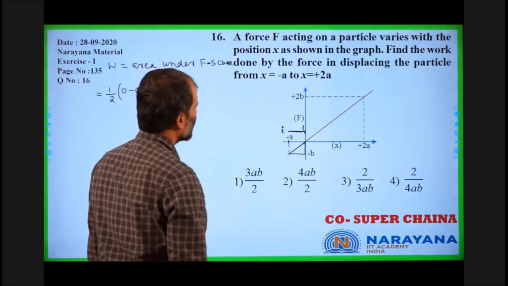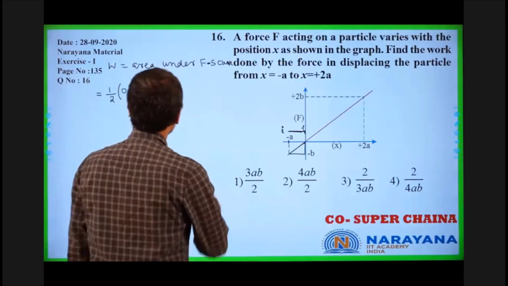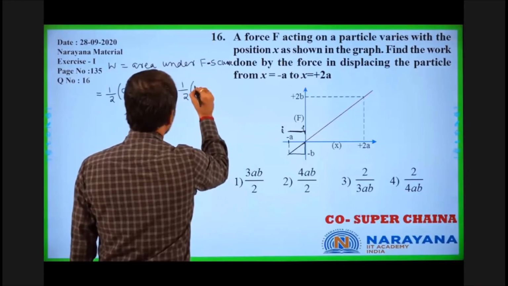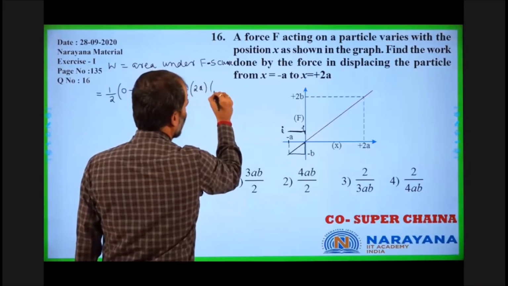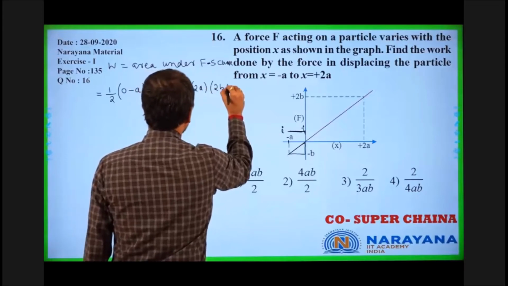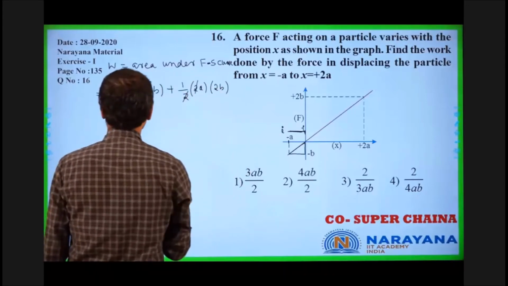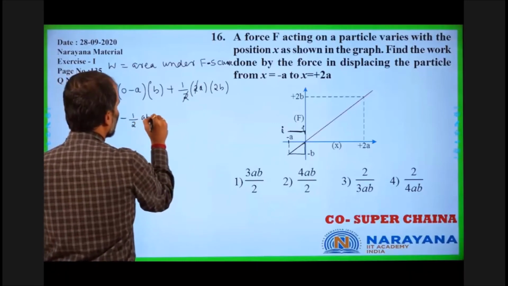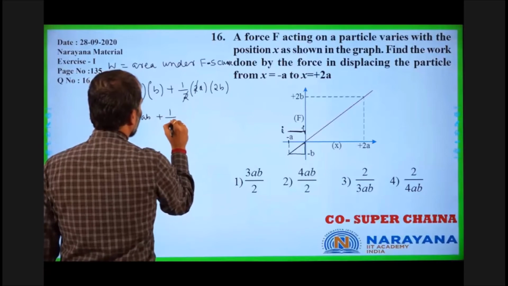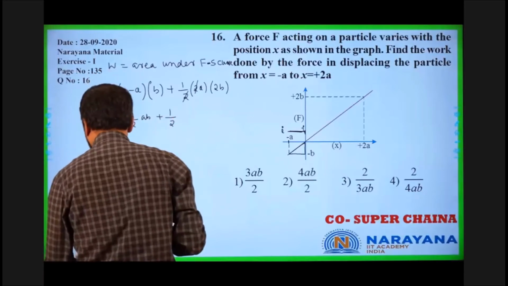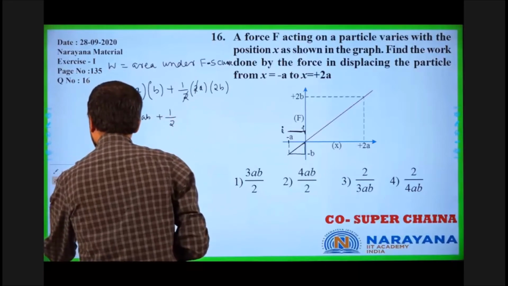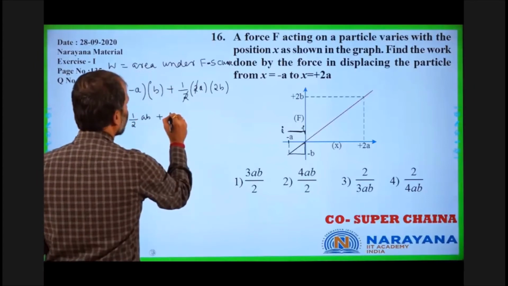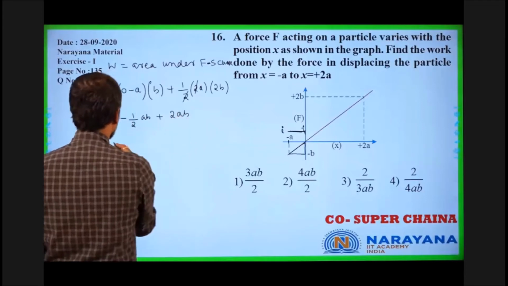So when you consider the next one, half base into height, the base over here is 2a into the height 2b. The 2 and 2 get cancelled off. So it is minus half ab plus, I'm sorry, not half, it is 2 into a into b.